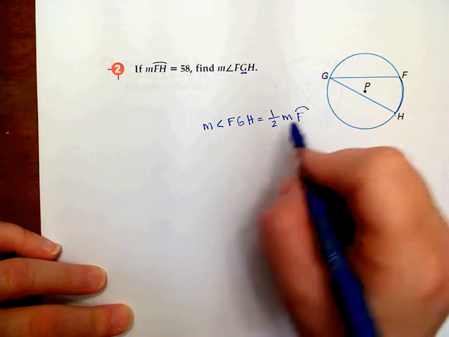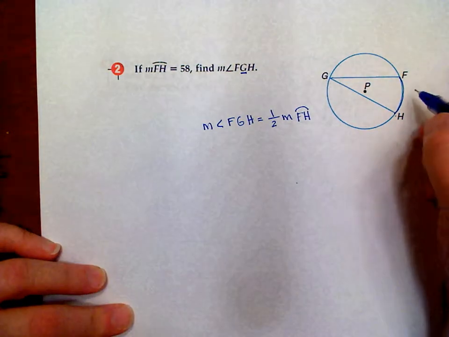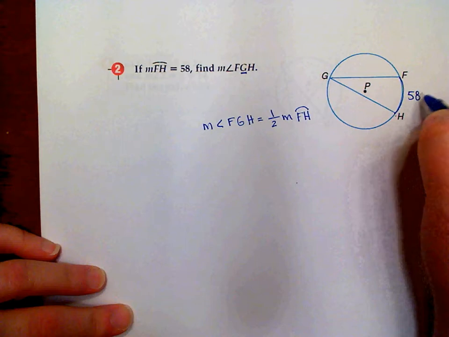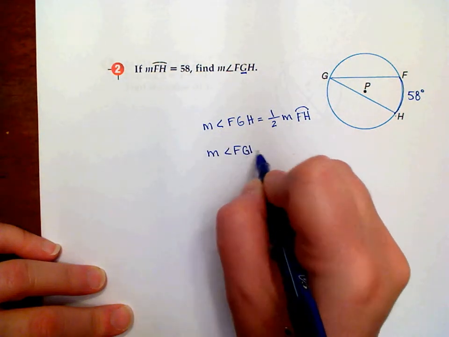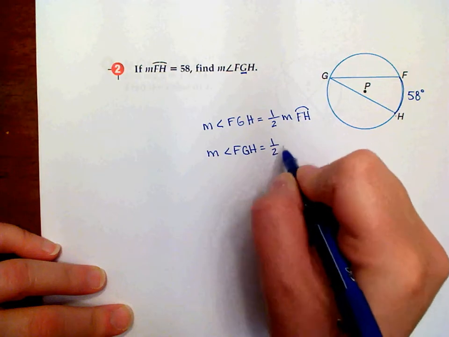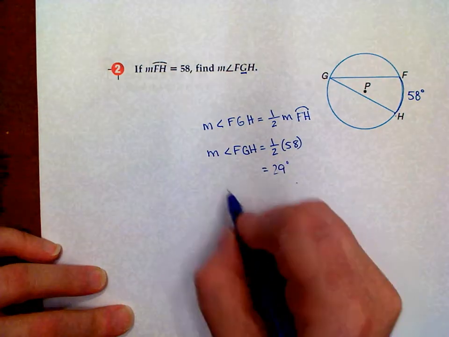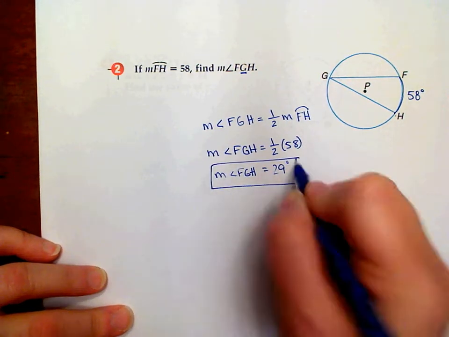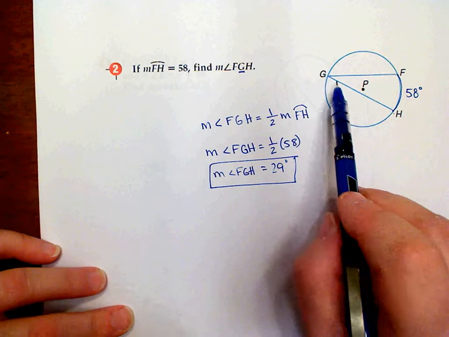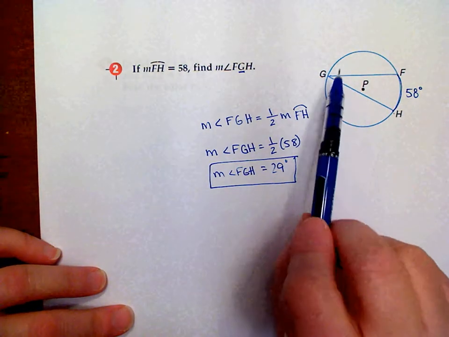Well, it tells us the measure of arc FH is 58 degrees. So the measure of angle FGH is simply half of 58, which is 29 degrees. Now be careful, if you're given the angle measure, you're going to have to double it to get the arc. But it's always the angle is half the arc.